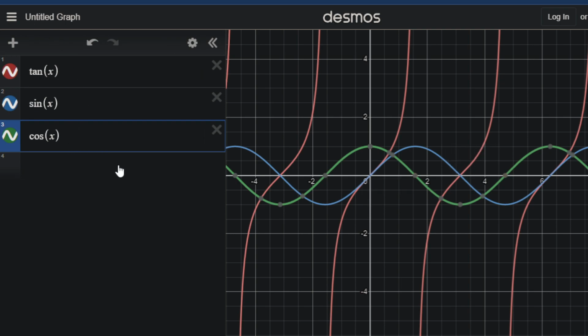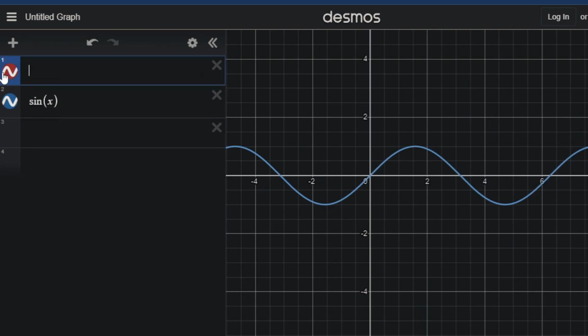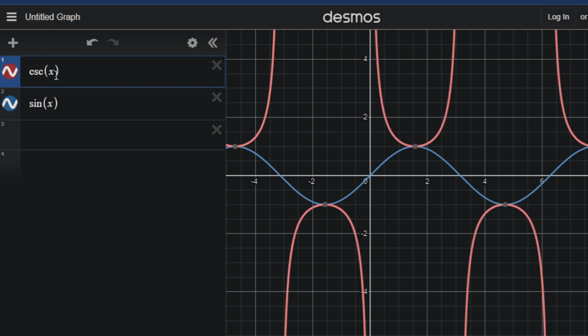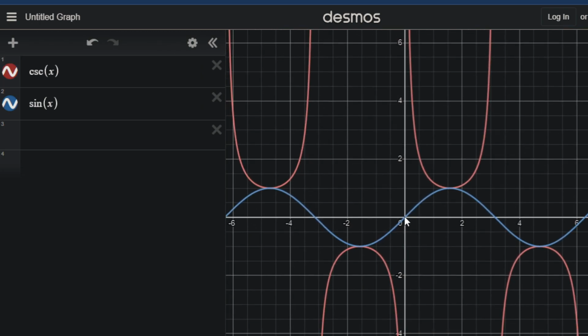So now if we look at some of the other functions, let's overlay sine and cosecant. Remember, cosecant is 1 over sine. So you can see how these functions work. Again, when sine is 0, we're going to have vertical asymptotes. So these are kind of strange graphs.